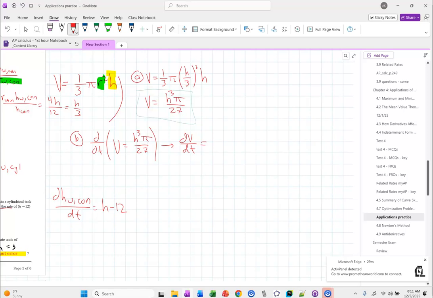What's the derivative of h cubed pi over 27? You got that guy, right? So far, so good. Might as well do some little reducing there.